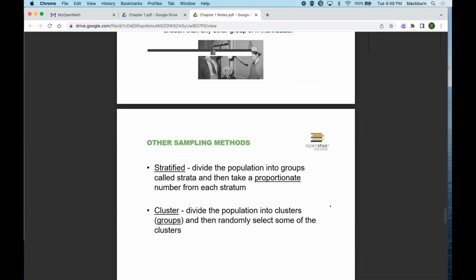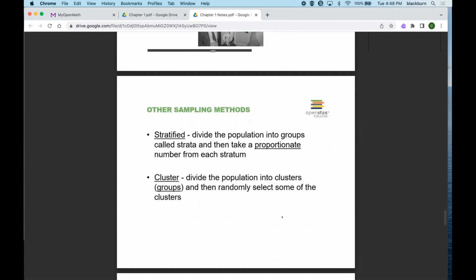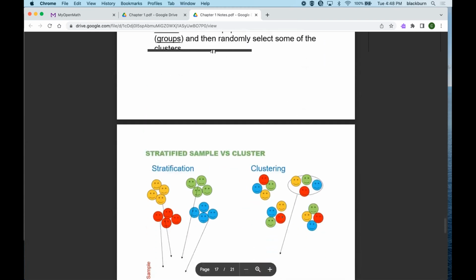Cluster sampling, divide the population into clusters and then randomly select some of the clusters. So each cluster might be a different area of study, and then maybe you choose like nursing and engineering as your two clusters that you're going to sample. They kind of talk about it right here.